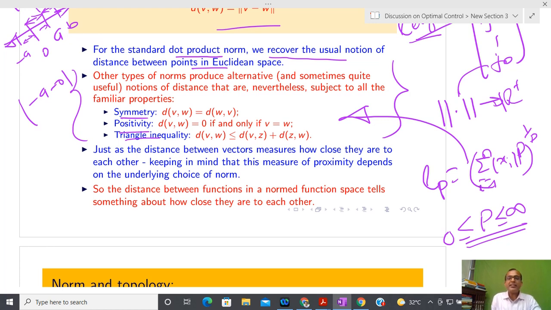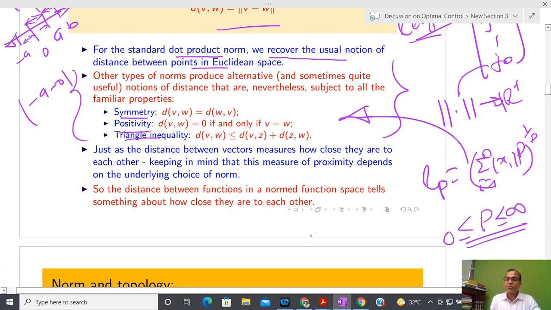In this way we are also able to measure the distance between two functions. With the help of norm, we are now able to define the nearness of two functions.